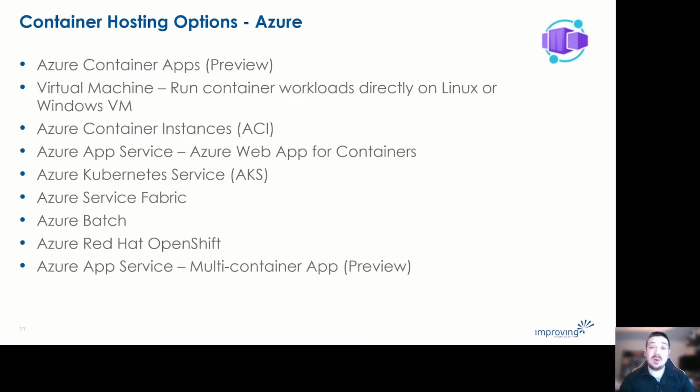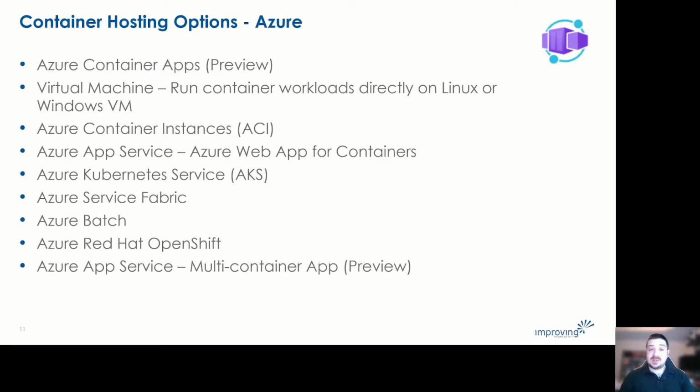You've got full control, but now you've got to manage patching and upgrades and all of that for a VM-based solution. You've got Azure Container Instances. These are serverless container hosting environments, usually for single containers. But another benefit here is this can be used as a hybrid scale-out for Azure Kubernetes Service. If you need to expand some of your capacity, you can expand out to running containers in ACI.